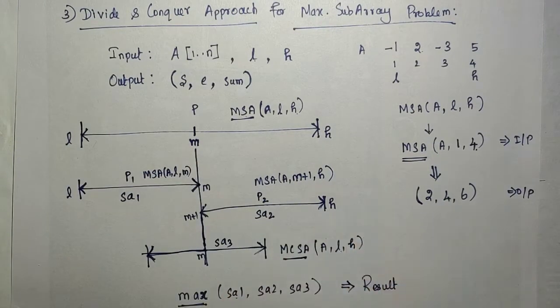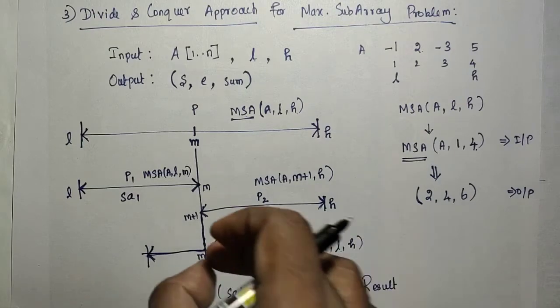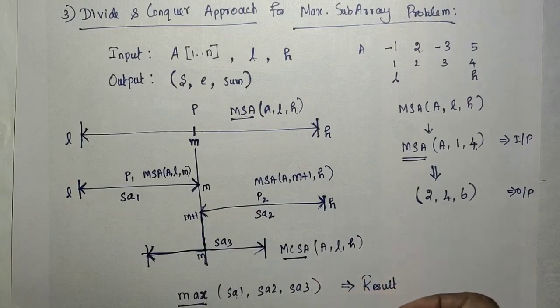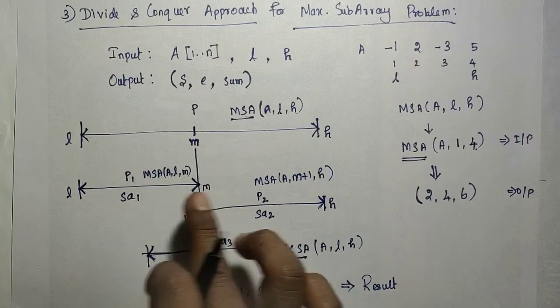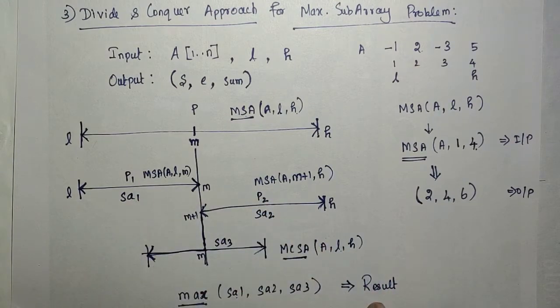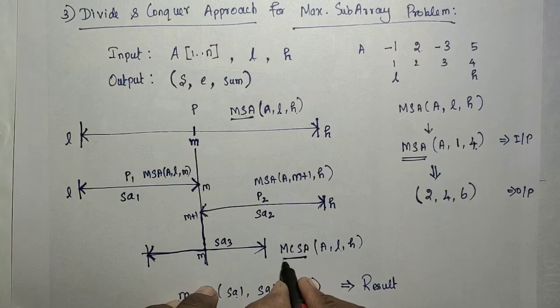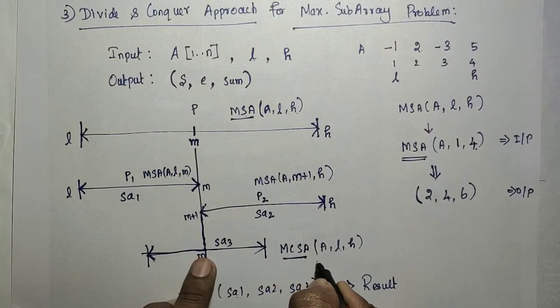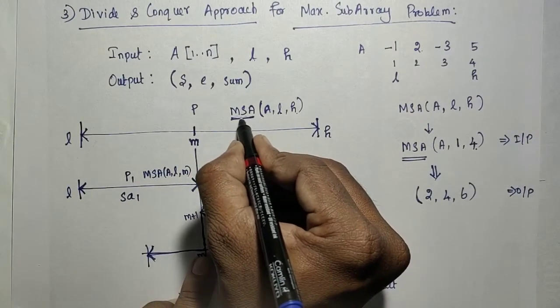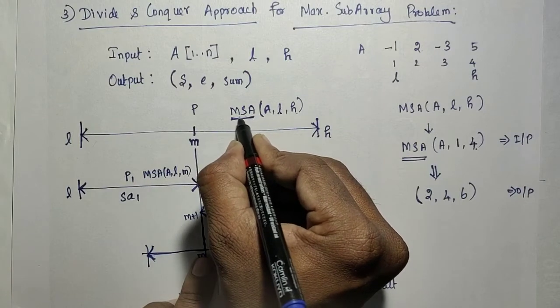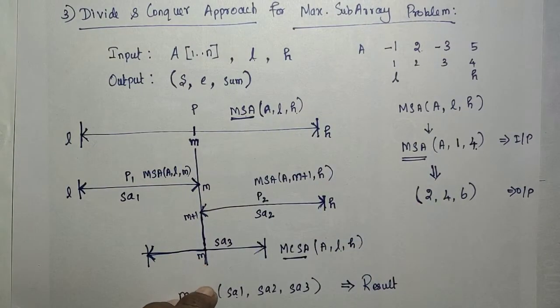So the subarray which crosses the middle element, which is the maximum, we are going to find. Among these subarrays 1, 2 and 3, the maximum is returned as the final result. Are you clear? So first we need to understand the mid-crossing subarray algorithm, and then we need to find the MSA, the maximum subarray problem.